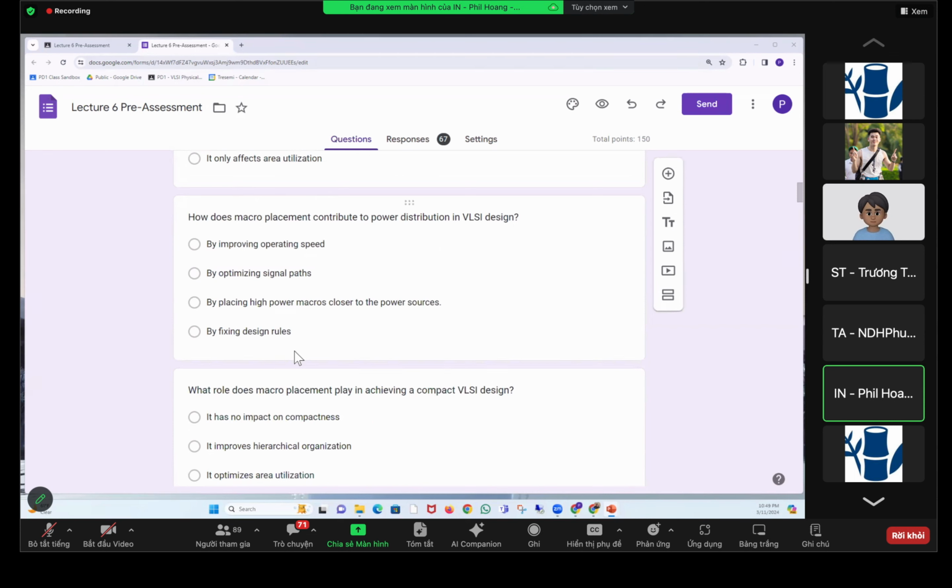How does macro placement contribute to power distribution in VLSI design? By improving the speed, by optimizing the signal paths, by placing higher power macros closer to the power source, by fixing the right design rules.